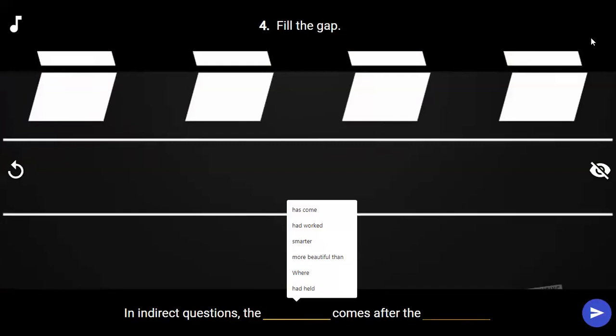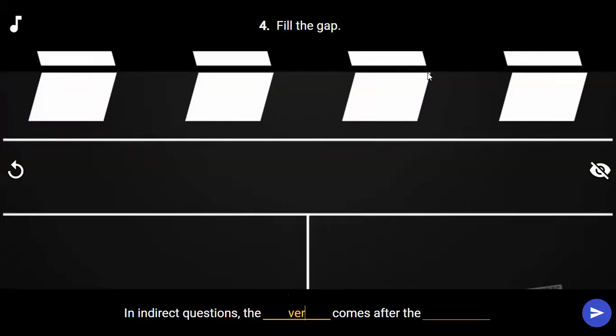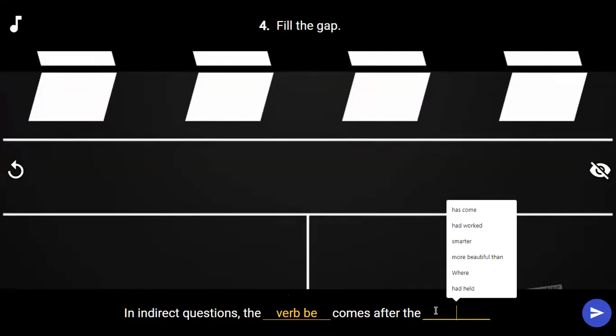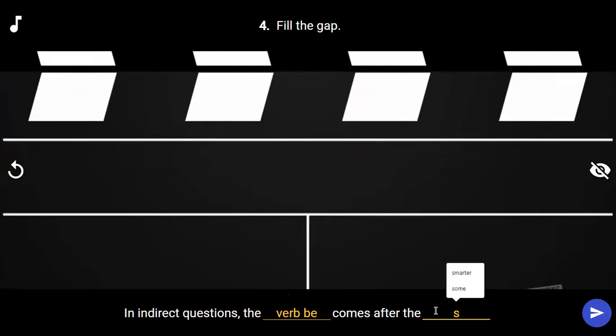In indirect questions, the verb be. Subject?